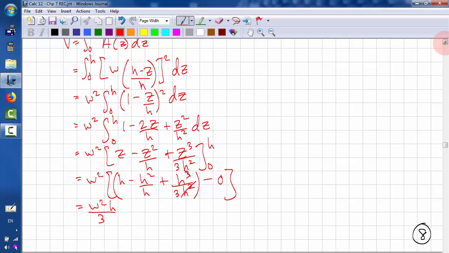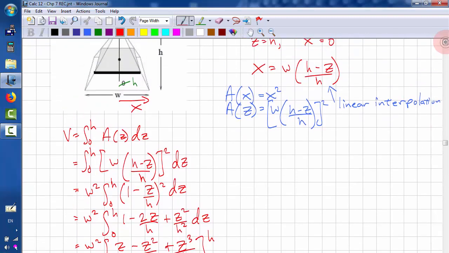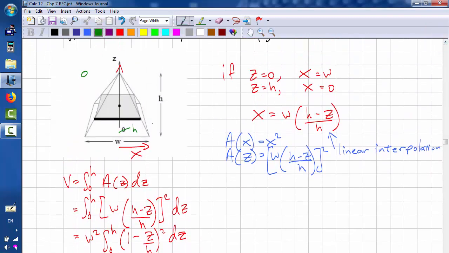Now, I said the setup can make things easier. And I've labeled this in green. Instead of making our origin here, we could have made z equals 0 here. And then z is equal to h over here, and it's going in this direction instead of this direction. So if z equals 0, x is equal to 0.